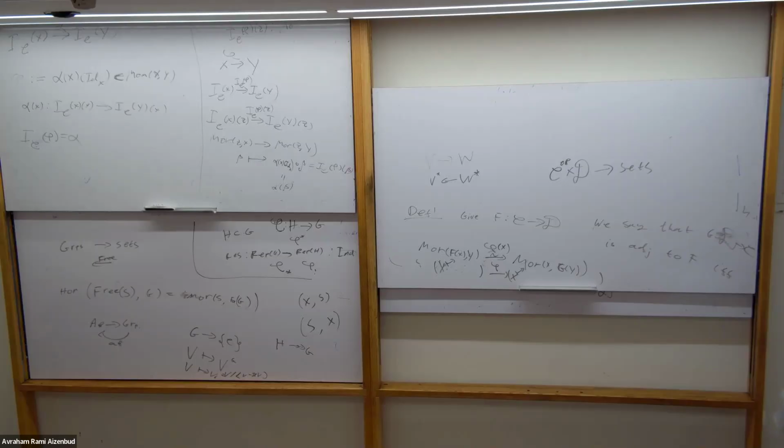Maybe I will say limits and colimits yet again. With limits we have two definitions. One definition, we constructed a terminal object.